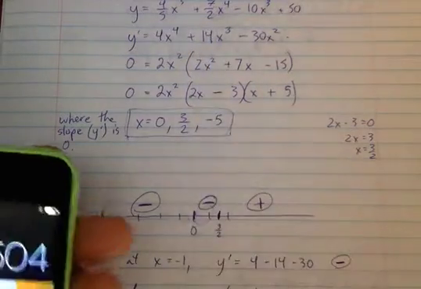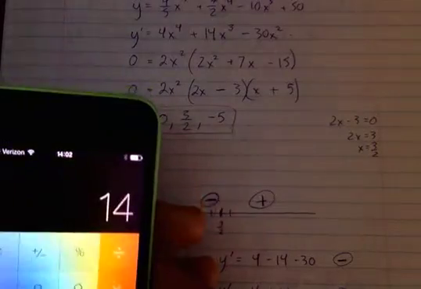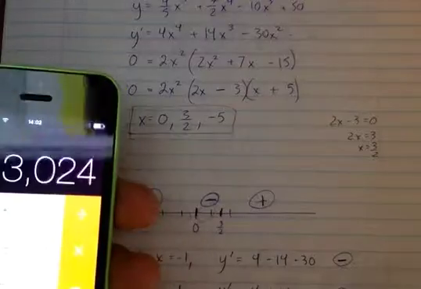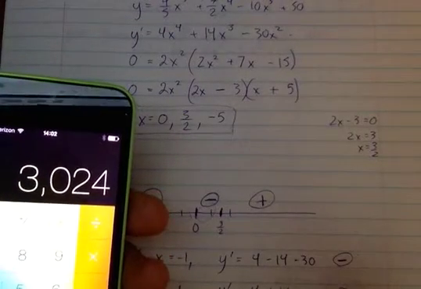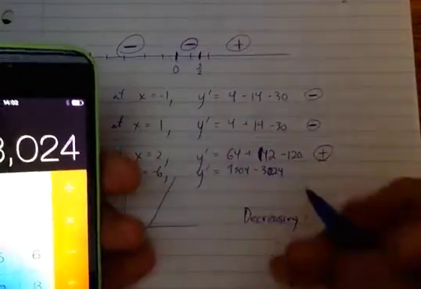Plus 14 times x cubed. That will be a negative number because we have an x cubed. So 14 times 6 times 6 times 6 is 3,024. So that'll be minus 3,024. I'm writing this down here.